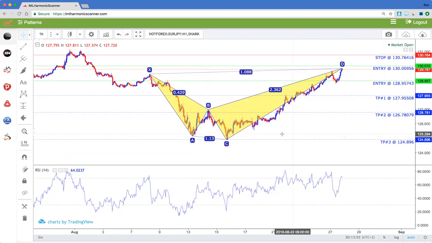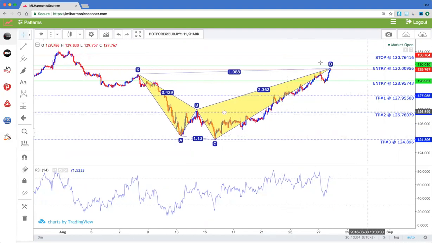The take profits are based on support resistance levels and Fibonacci levels, and the stop loss is a certain level of maximum drawdown.